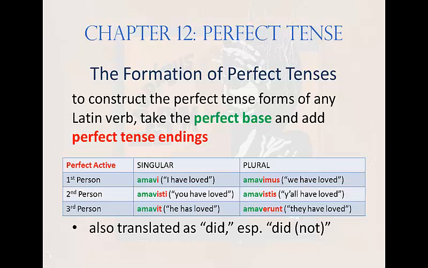These forms can also be translated as did, as in I did love, a form that is used very often in English when the speaker wants to negate the verb, as in I did not love. Or another possible translation is the simple past. I loved, you loved, and so on. For right now, please don't use that translation for the perfect tense. It can be confused with the imperfect. When translating the perfect tense, use only have, has, or did.